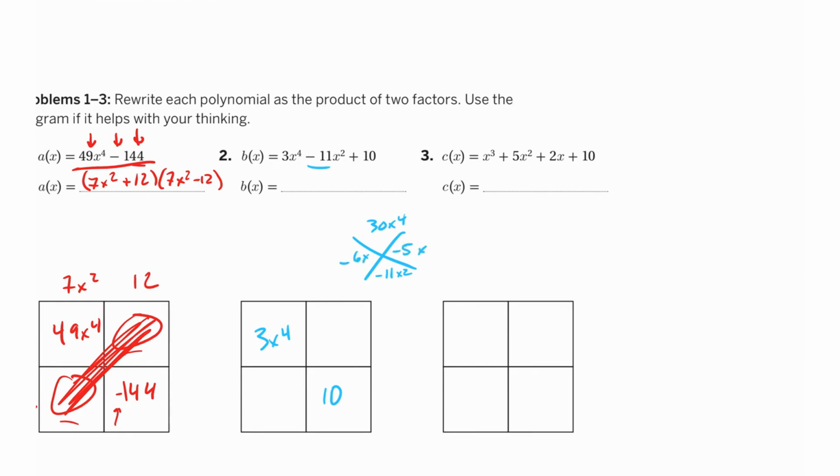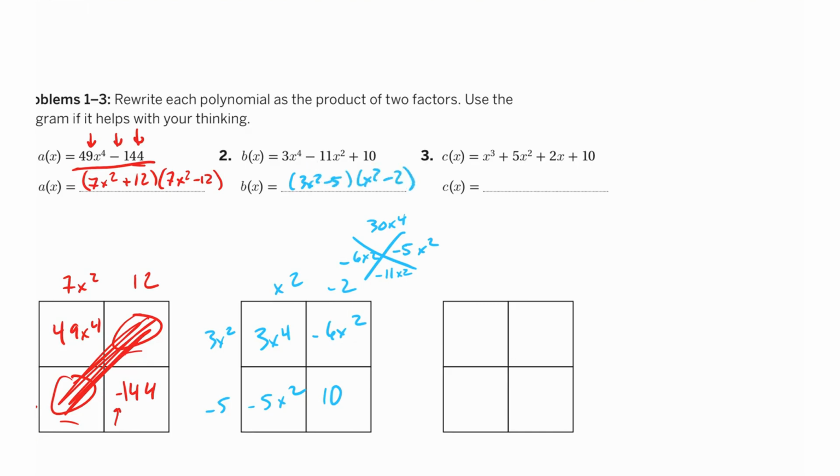Sorry, those are now squared. That's the little bit of difference here, that I'm dealing with power of 4. So both of those are going to be squared, which means that this has to be 3x squared, this has to be x squared, negative 5, and negative 2. And so when I factor this, I get 3x squared minus 5 times x squared minus 2.